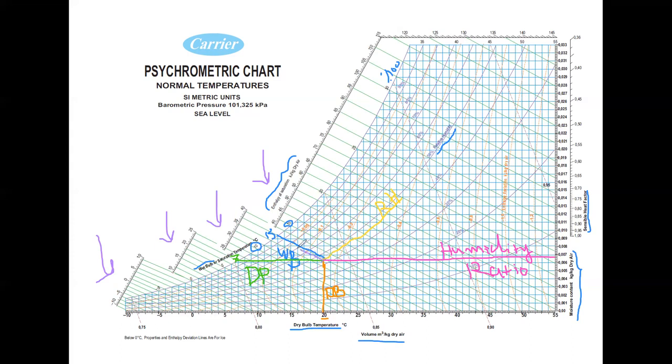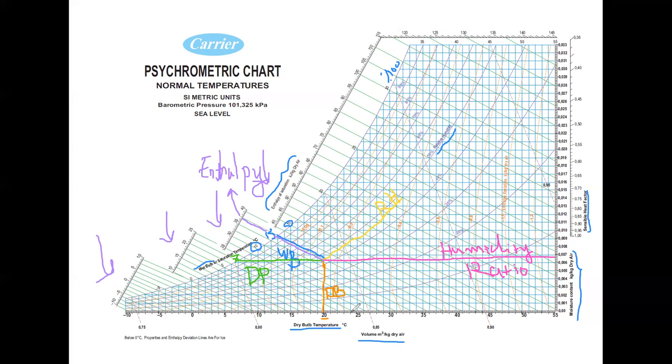So for this point, we are going to continue it. And we can see that the enthalpy is around 37. It's up to you. So this one is enthalpy. And that's how we find the enthalpy.